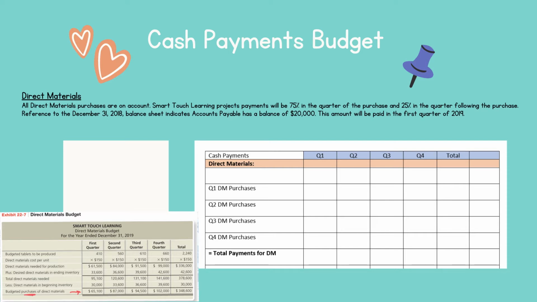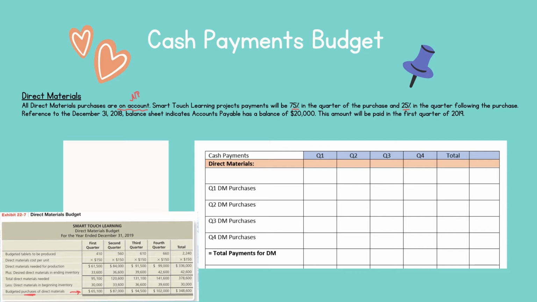Now let's read. All direct materials purchases are on account. On account means it's going to be paid later, accounts payable. Smart Touch Learning projects payments will be 75% in the quarter of the purchase and 25% in the quarter following the purchase.